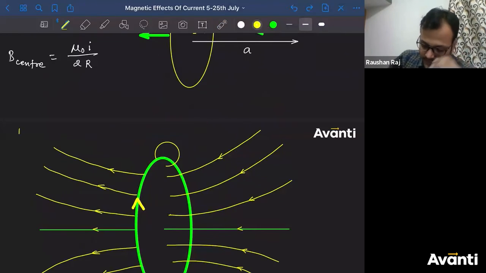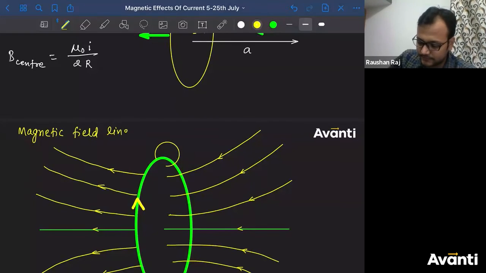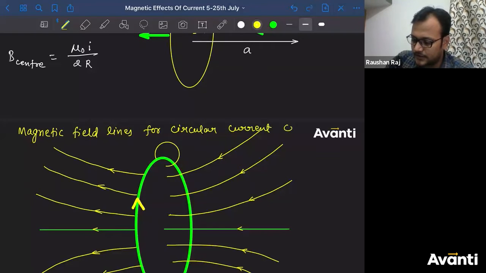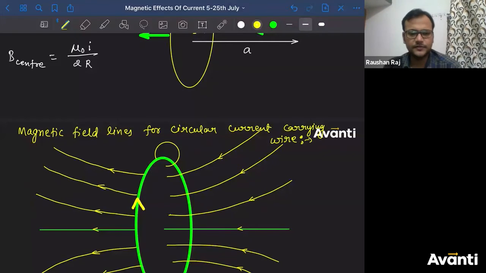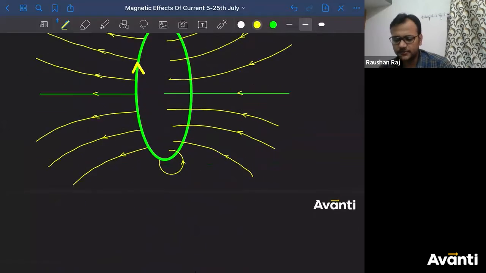This is what the magnetic field lines for a circular current carrying wire look like. You'll find this diagram in most of the books. सब book में मिल जाएगा आपको. ठीक है, घबराने की बात नहीं.